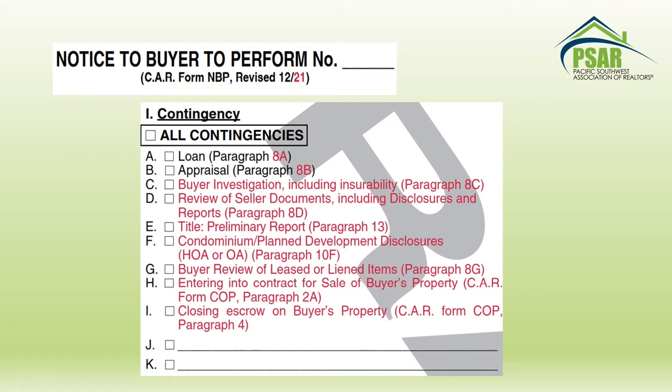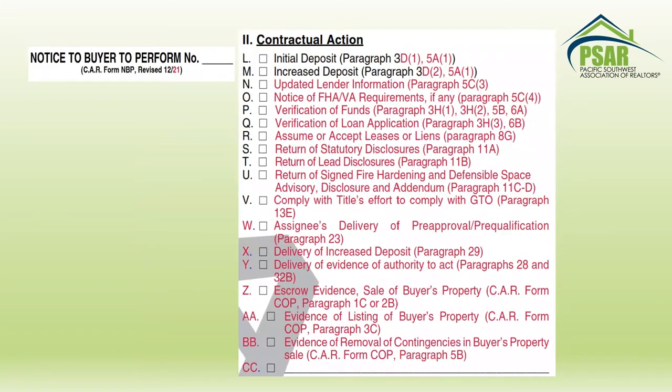Oftentimes maybe I did the general inspection and I'm happy with the home, but I still don't have my HOA docs. So I don't want to remove the entire buyer investigation. I'll remove part of it, but not the HOA docs. So that's why they're broken out the way that they are in the contract and in your notice to buyer to perform.